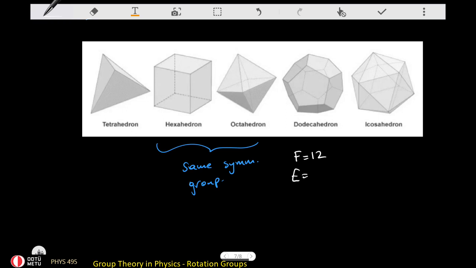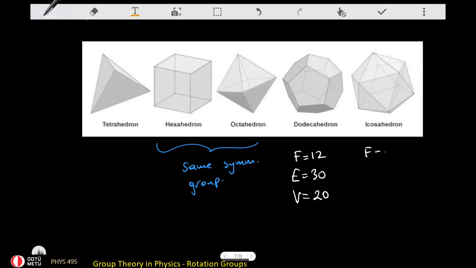That means 60, but every edge is shared between 2 faces, so therefore there are 30 edges. How many corners? I need to count them, but let me quickly write this down, that the number of vertices of the dodecahedron is 20.